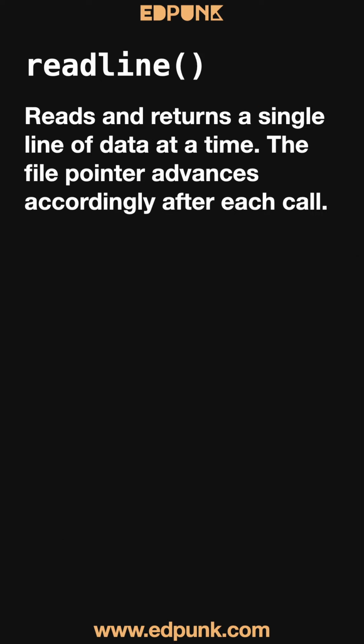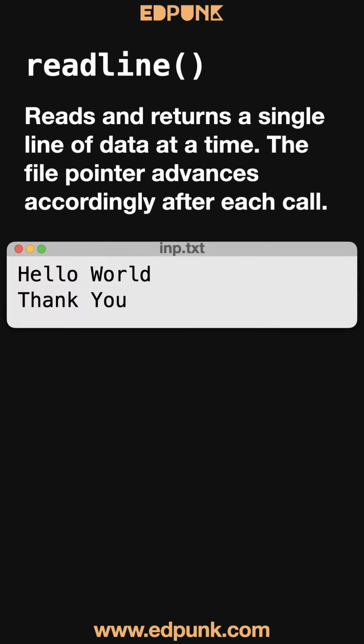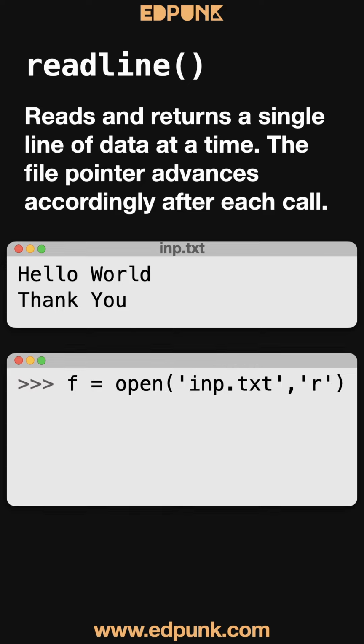Moving on to the next method, the readline method reads a file and returns a single line of data at a time. The file pointer advances accordingly after each method call. Let us take the same file inp.txt containing the text "hello world" and "thank you" in two separate lines. Let us open the file in read mode and assign the file object to f.